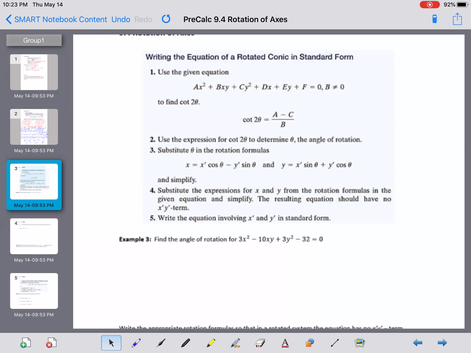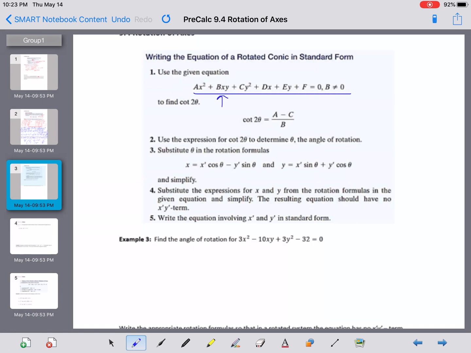Sometimes what we have to do is find our angle of rotation because we're not always given it, okay? Our equation actually tells us our angle of rotation, even though we don't always see it, we can find it. And once again, we see this degenerate equation, which says that I have this ax squared, the cy squared, and because the bxy is in there, we know that we have a rotation.